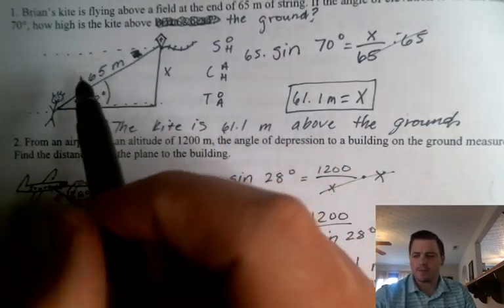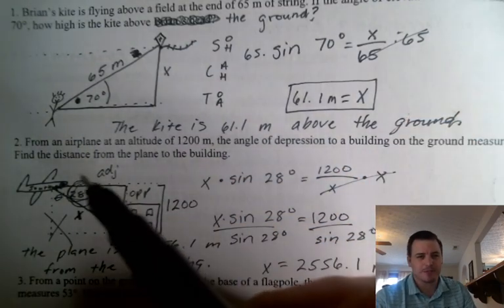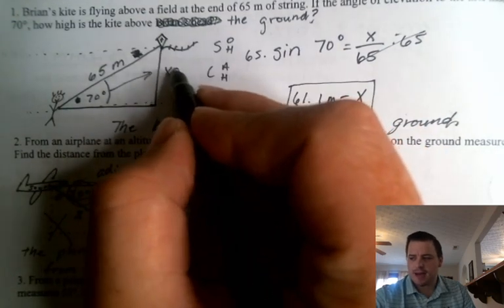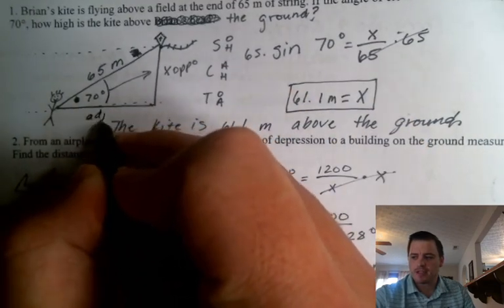Going back up here, you're good on the hypotenuse, so then it's just a 50-50 on which one's the opposite and which one's the adjacent. But notice how x is the opposite because it's opposite of this side. That would be adjacent.